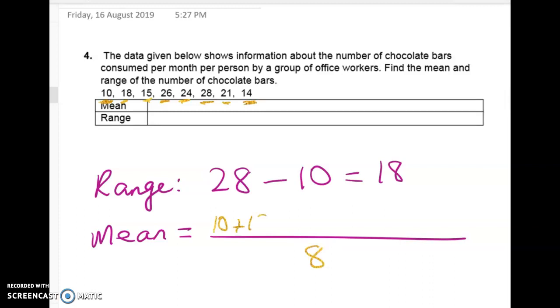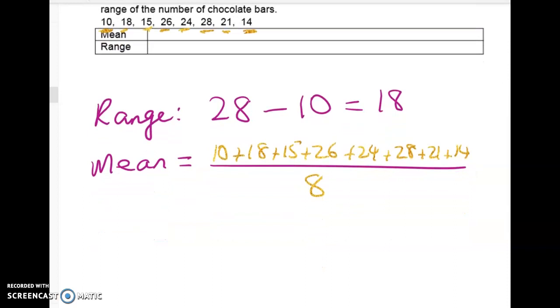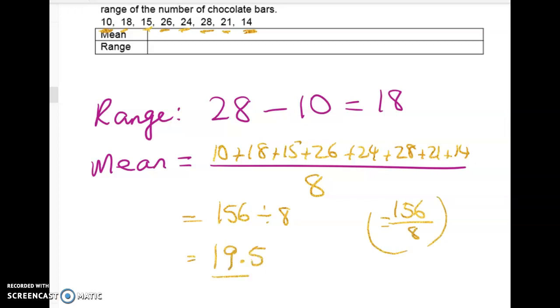So it's going to be 10 plus 18 plus 15. Let's see, what do we get? So we add all of these, and that gives me 156 divided by 8. Or you can write it as 156 over 8. Either of those is fine, giving me a mean of 19.5. Now, don't change that into 20, just leave it how it is.